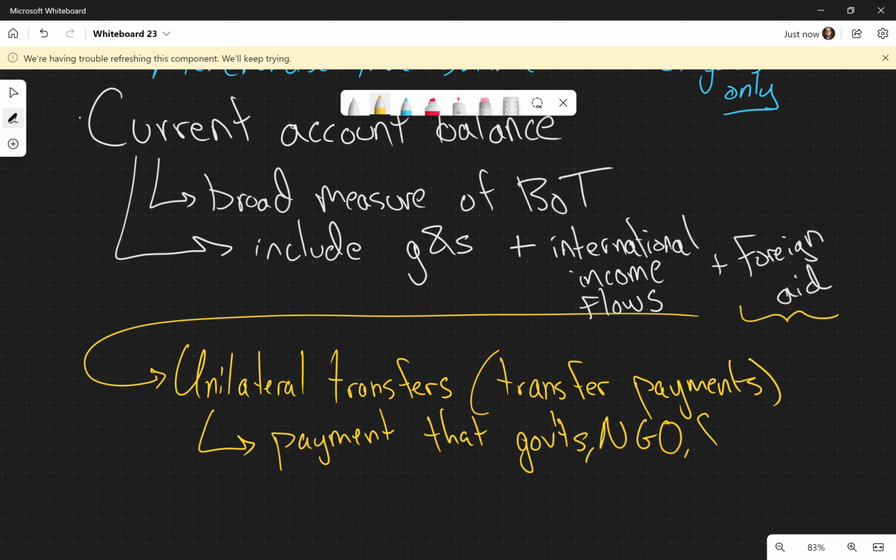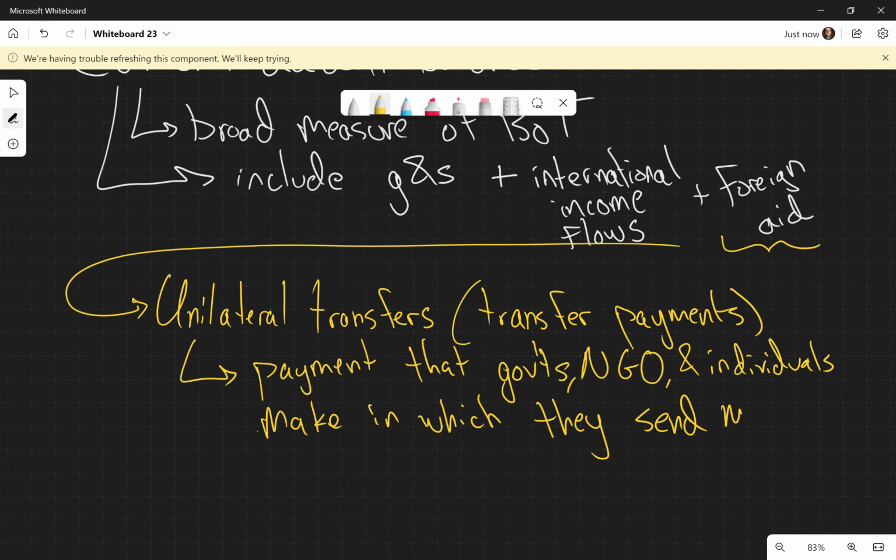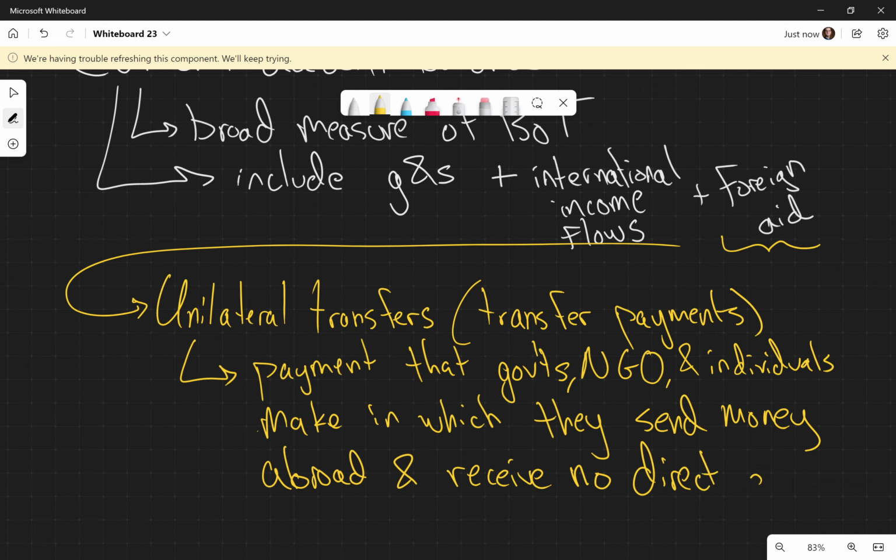Or could even be just individuals, Bill Gates and stuff like that, right? Individuals. So it's payments that they make in which they send money abroad and they get nothing in return. Well, let's not say nothing, but they receive no direct good or service.